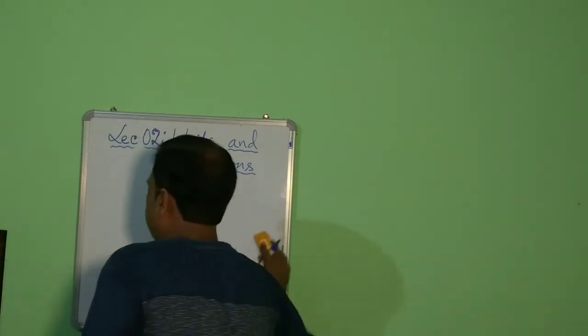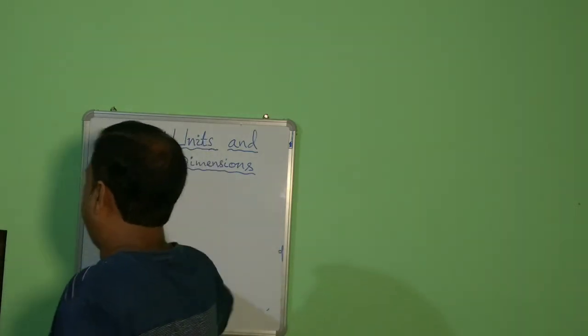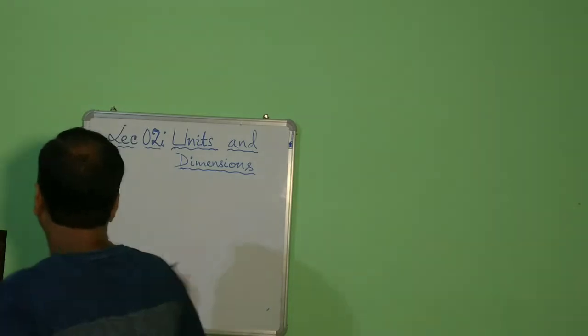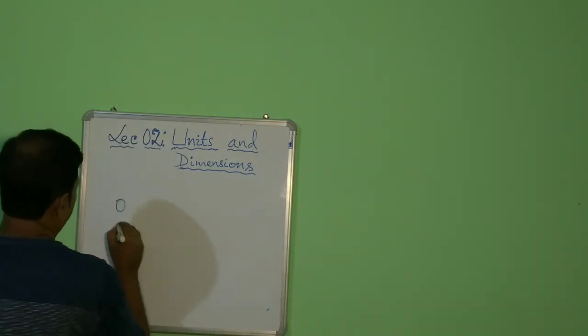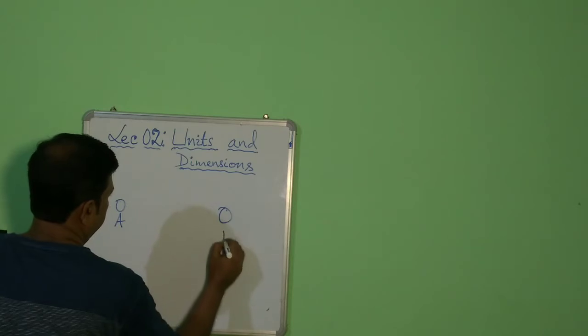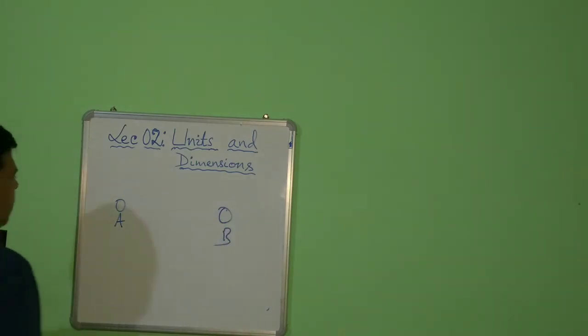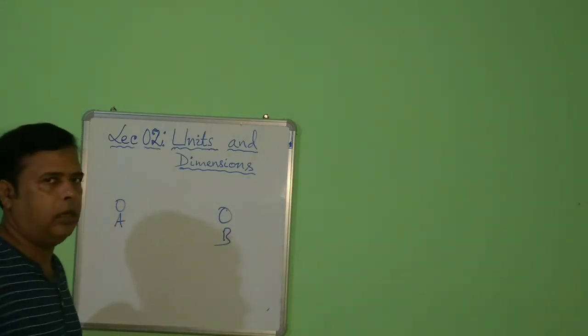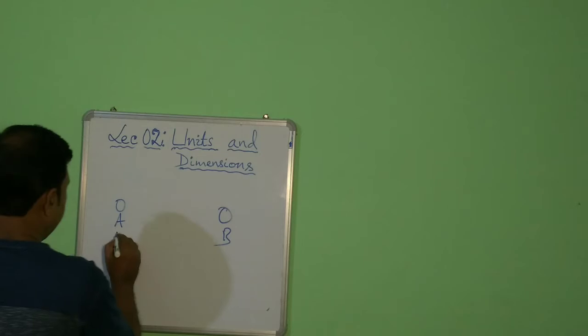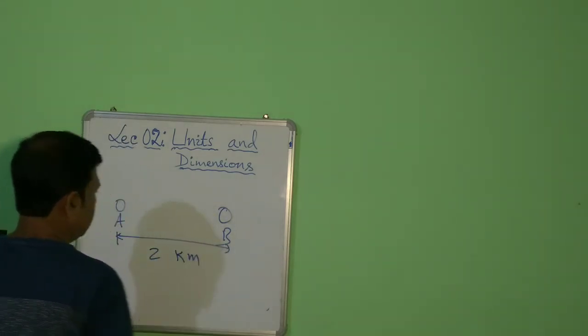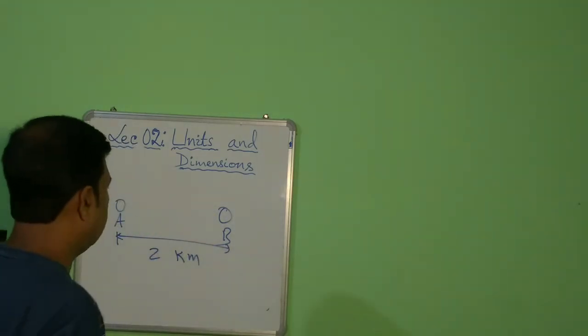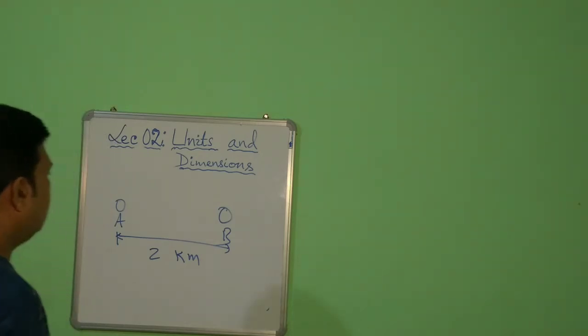So for note making, you must be prepared with pen and paper. See, for example, suppose there are two places A and B. Take it for example, A is your home and B is your school. Then if the distance between these two places is suppose 2 kilometers. This is how we express the distance, is not it? So 2 kilometers.